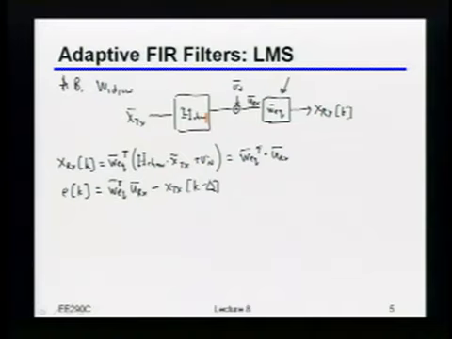And if you remember, we said earlier that usually what you want to do is maximize the signal-to-noise ratio, which is something like minimizing the mean squared error. That's what we want to do here, too. So what we should really be looking at is the squared error, which is of course just e squared of k.